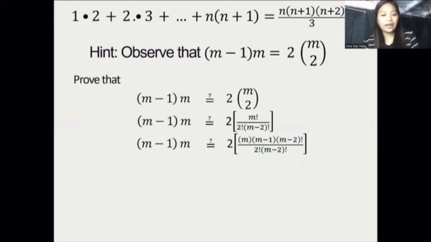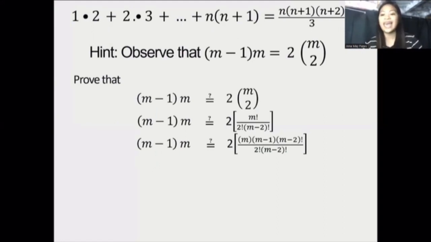So we will have the quantity of m minus 1 times m equals 2 times the quantity of m factorial. We will have the quantity of m times the quantity of m minus 1 times the quantity of m minus 2 factorial.